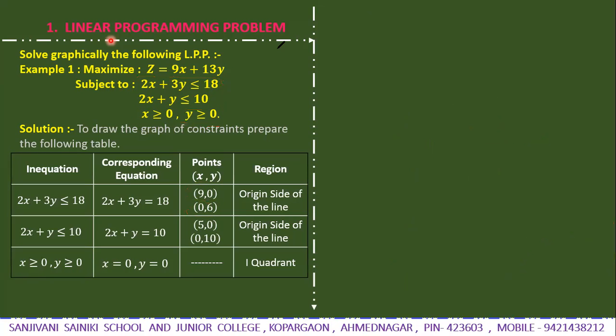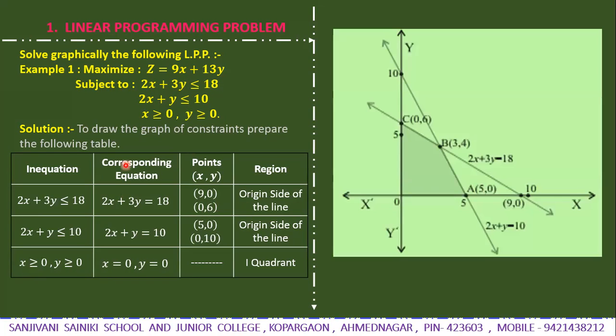But before this, when you have found the points x and y for the first line, immediately plot that line, that is 2x plus 3y equals 18, on the xy plane.